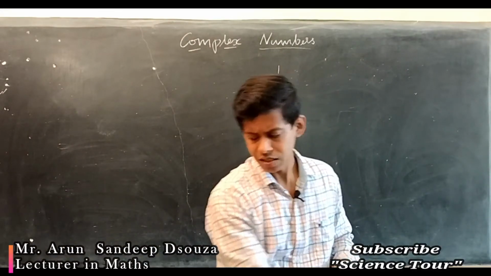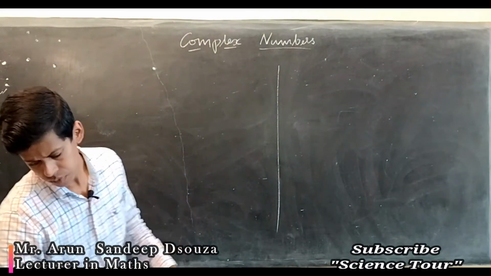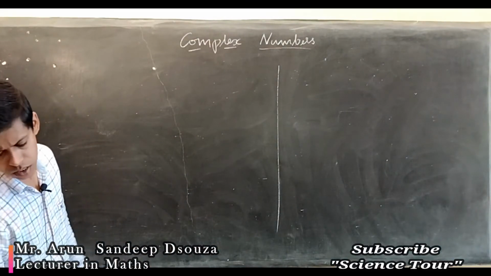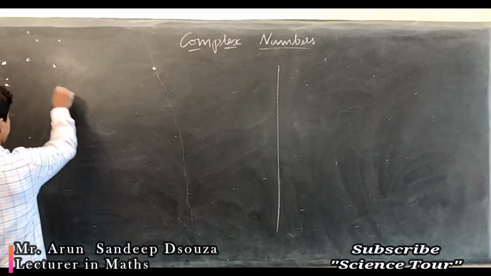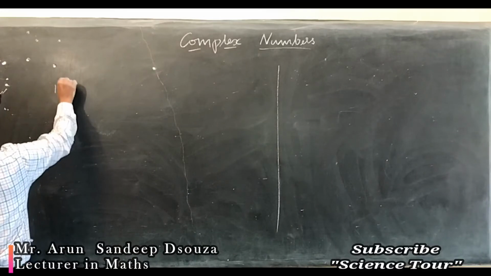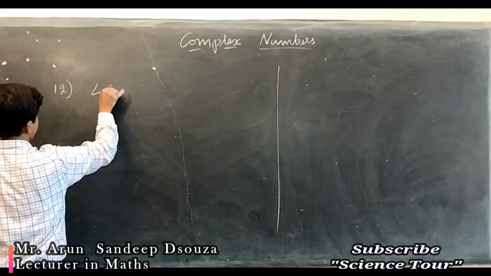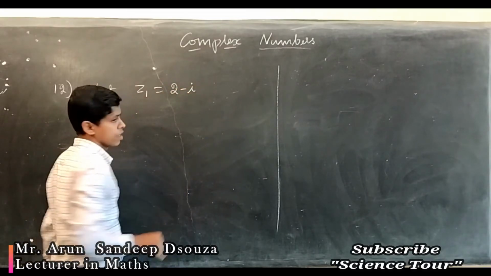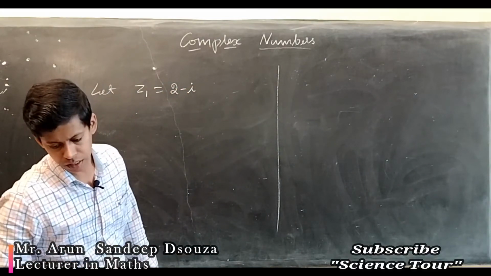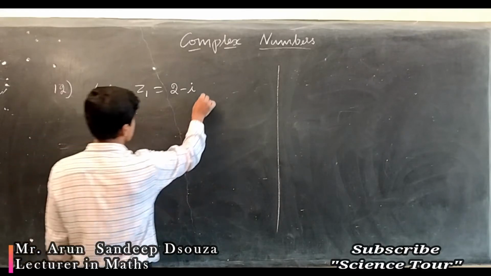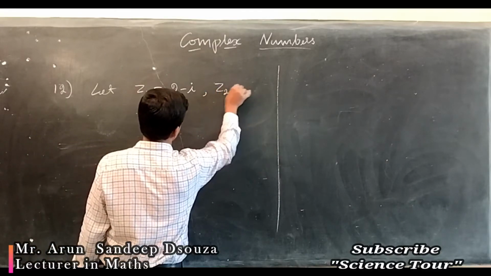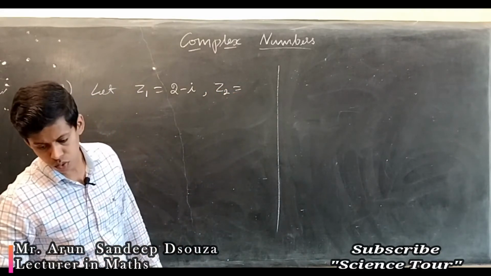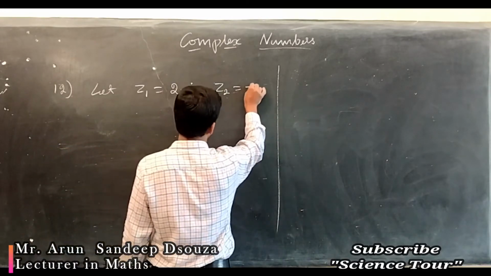Okay, so the next question is: let z1 be equal to 2 minus i and z2 equal to minus 2 plus i.